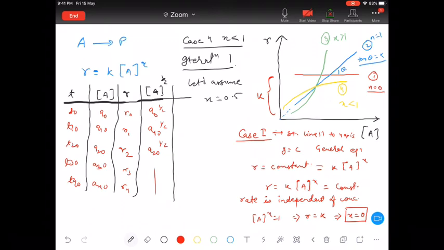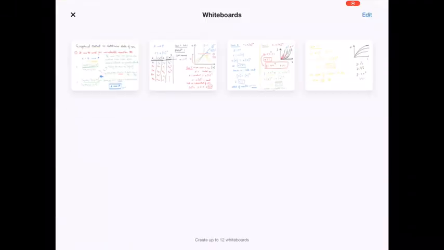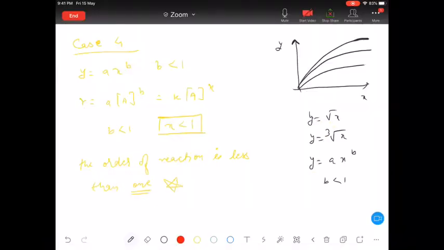So let's make this one column, and now I'll make one more curve here. Case 4 I have taken.